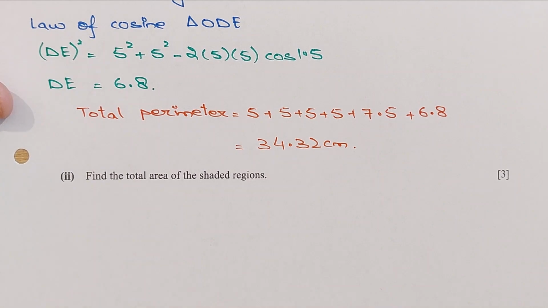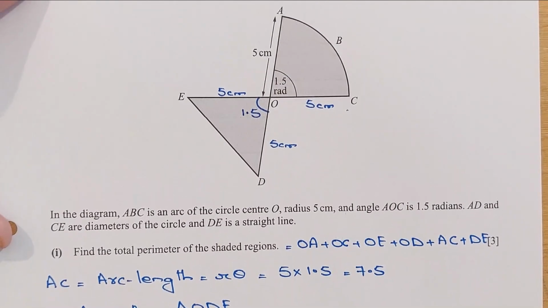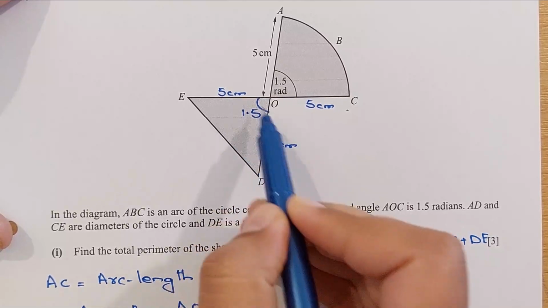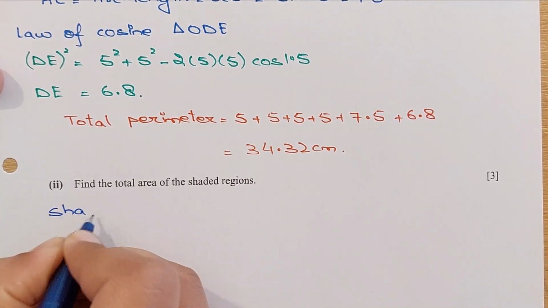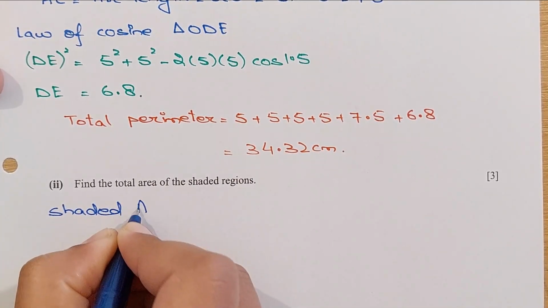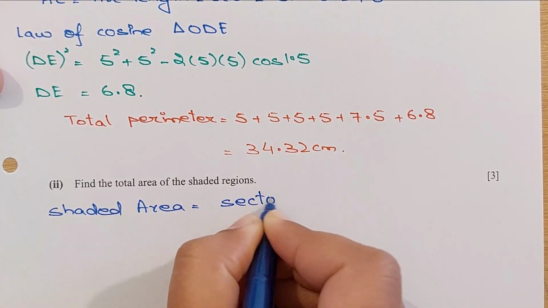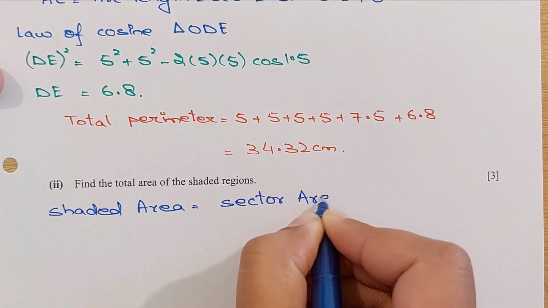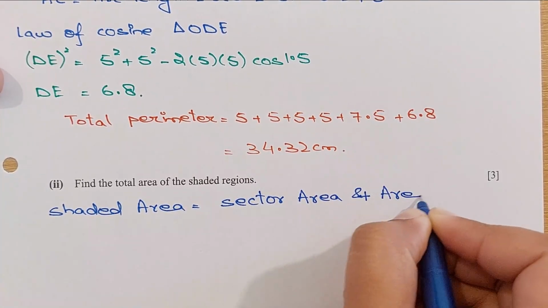Now for the second part, find the total area of the shaded region. The total area means we have to find the area of the triangle and the area of a sector and add both of them, right? So the shaded area is sector area plus area of triangle.